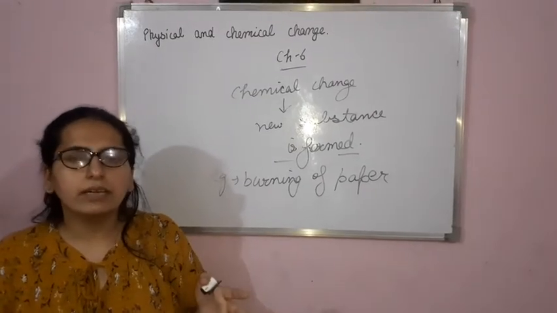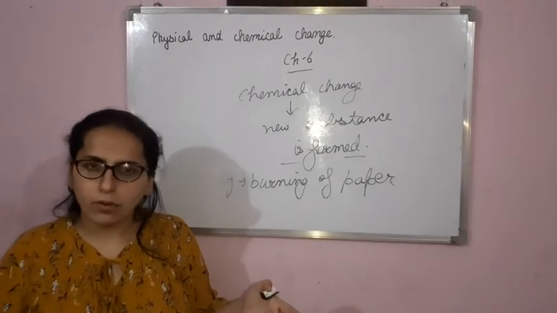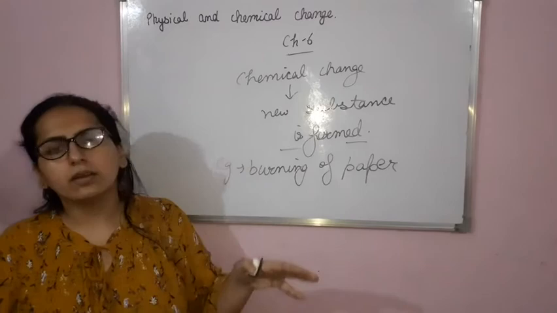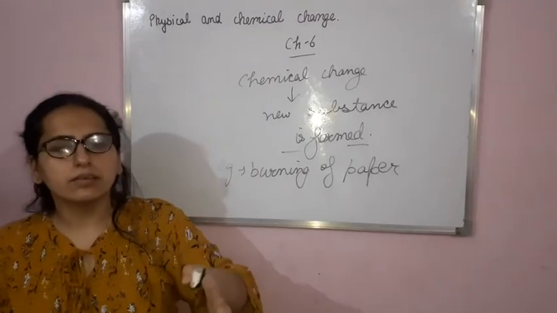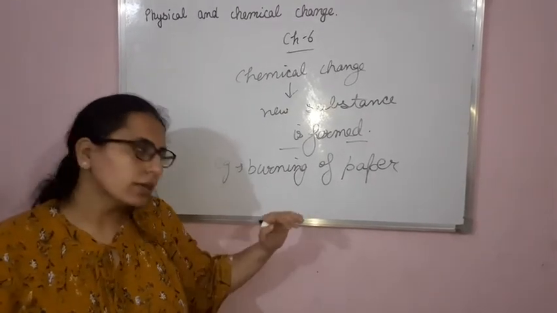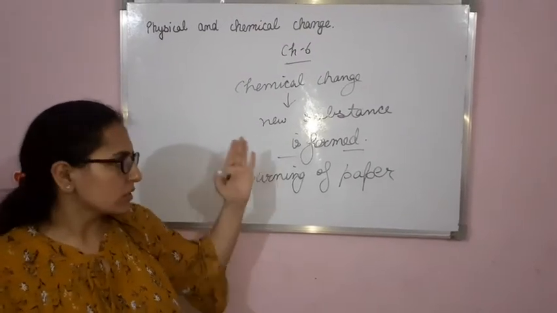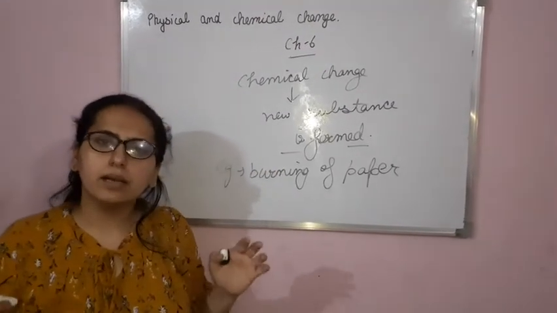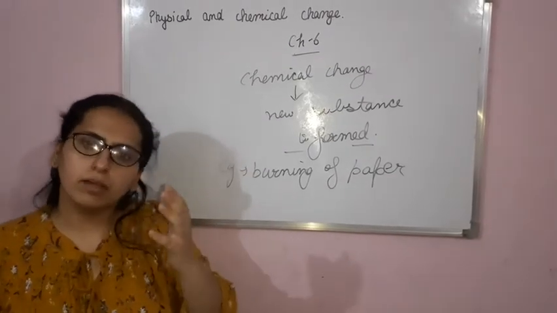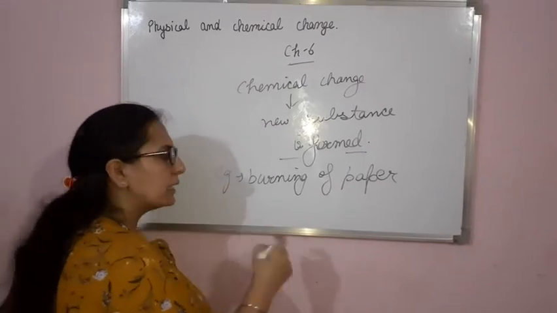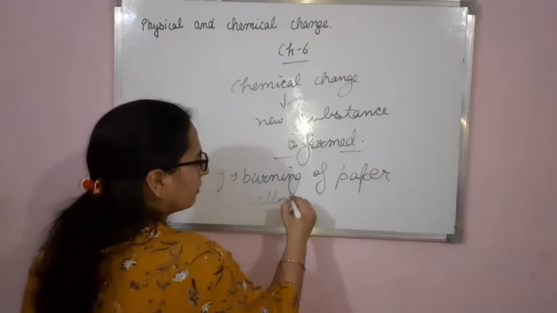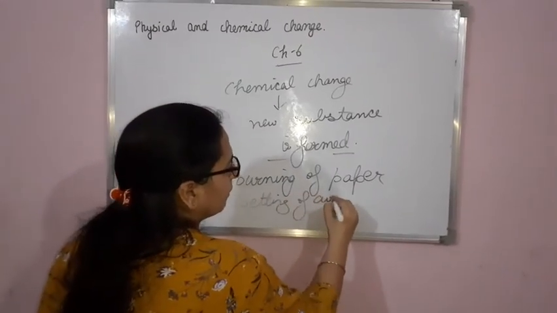They both are having different chemical properties, right? So burning of paper is a chemical change. In fact, burning is always a chemical change. Second example is setting of curd from milk.